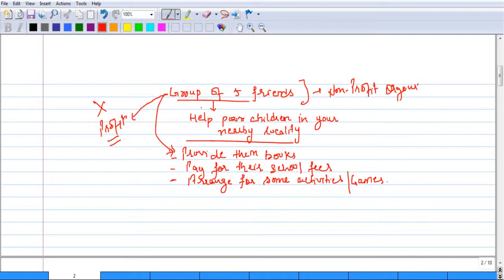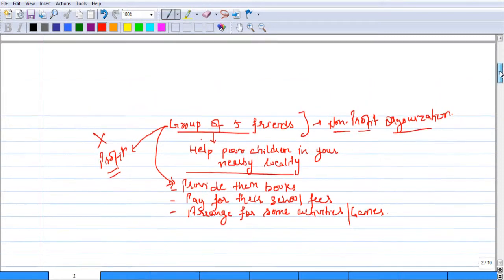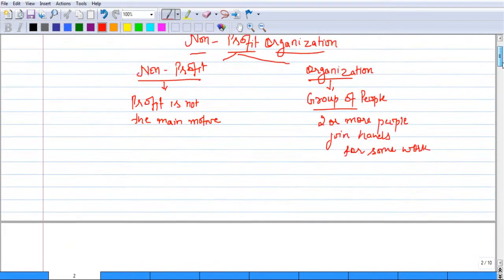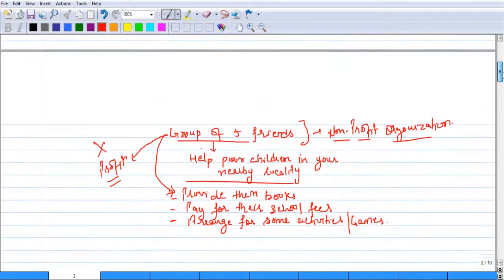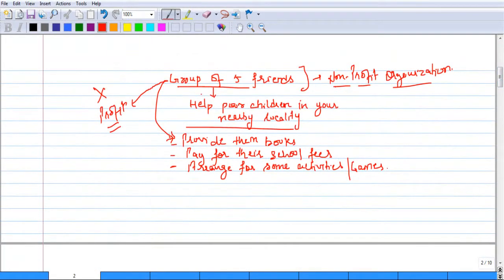Why? Because it is satisfying both the conditions. A group of people, because you are a group of five friends. Second condition, profit is not the motive. The motive is to help these poor children. With this motive only, the non-profit organizations are set up.